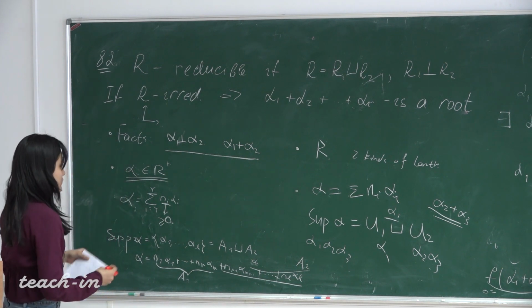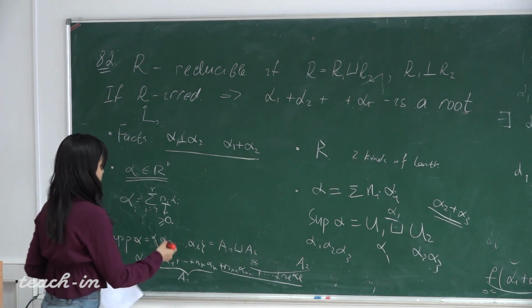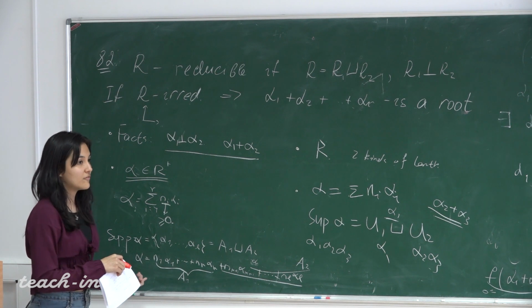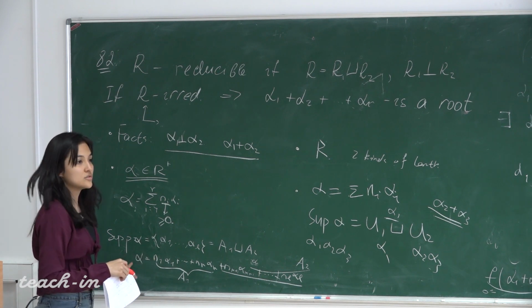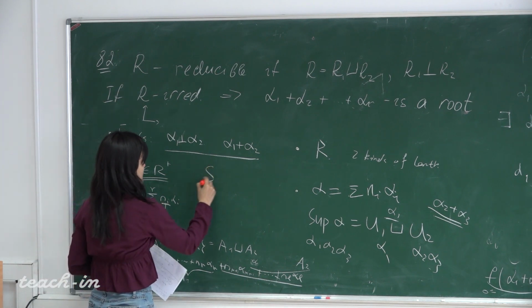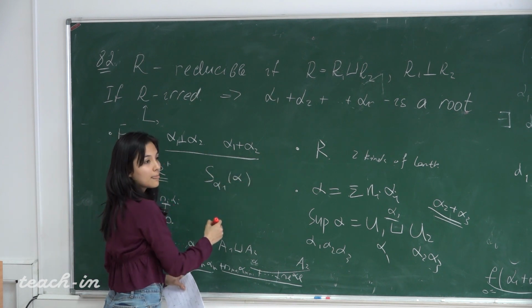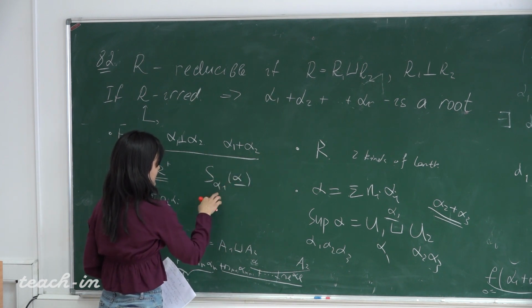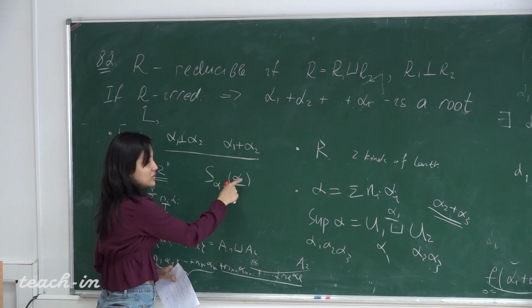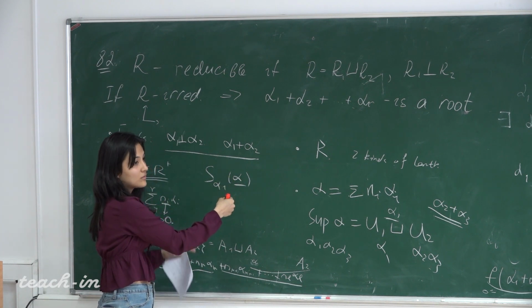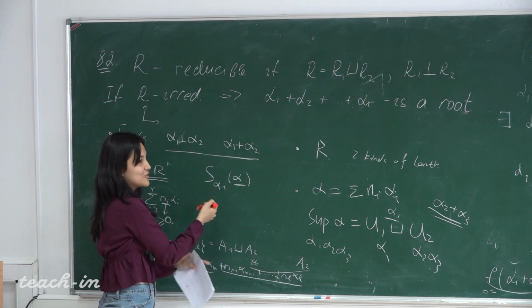So what I can do now is to consider a simple reflection of this root. So I consider, let's say, S alpha 1 of alpha. And we know that the simple reflections are permuting the positive roots. We can try to prove that.